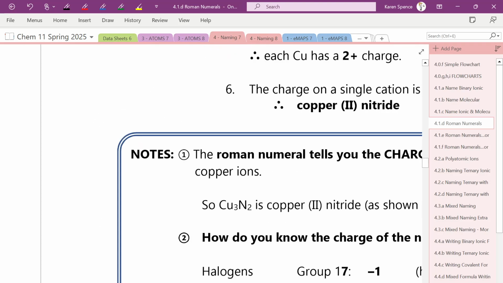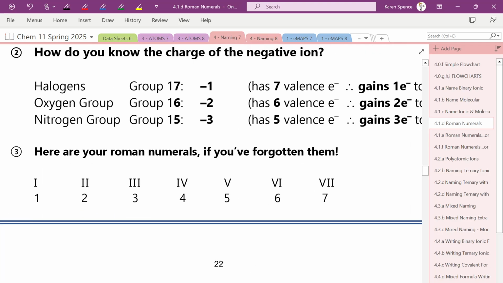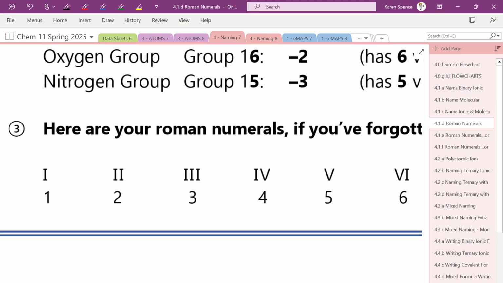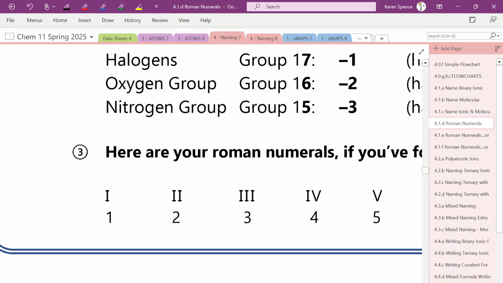Let's see if I have it. Oh, here's your Roman numerals if you don't know them. Hopefully everyone can do 1, 2, 3, right? Those ones are easy. And if you know 5, then you know 4 because it is 1 before 5. IV, I before V, 1 before 5.